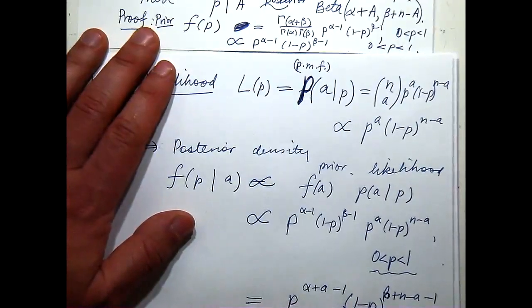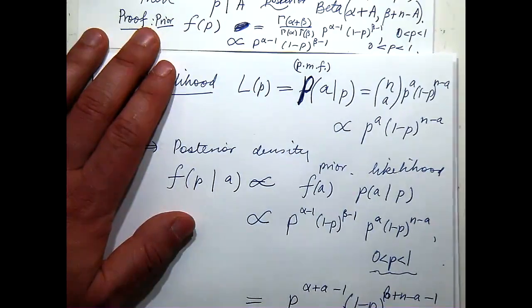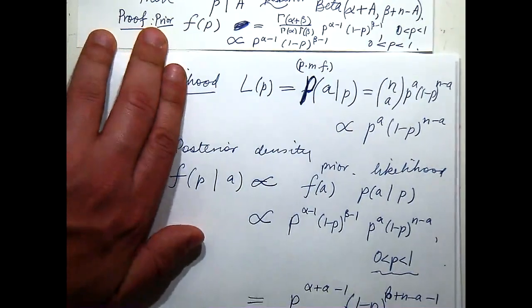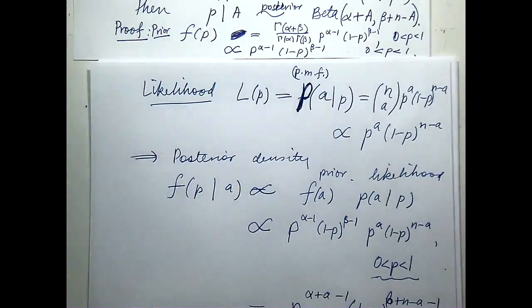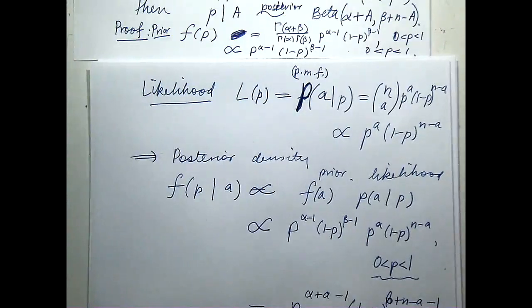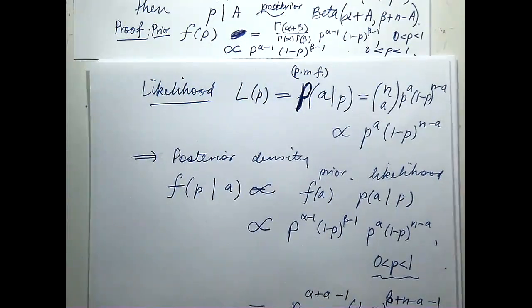And thus the posterior distribution of p given A is the distribution beta, alpha plus A, beta plus n minus A. Now, that's known straight away because the only thing that has a density proportional to this is beta alpha plus A, beta plus n minus A. And we know the constant in the front should you need it, but we won't plug it in.